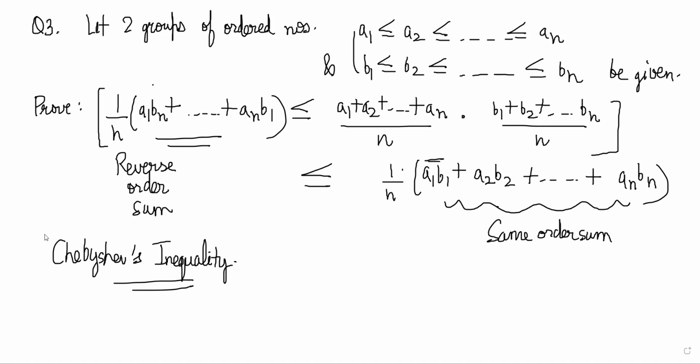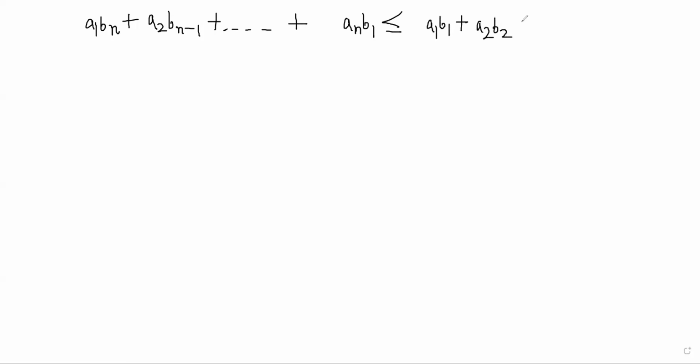So now let's try and think how we are going to do this. So what I will do first of all is write the reverse order sum here, a1 bn plus a2 b n minus 1, so on till an b1. We know that this is less than or equal to a1 b1 plus a2 b2, which is the same order sum, plus an bn. This is a simple statement of rearrangement inequality, right?